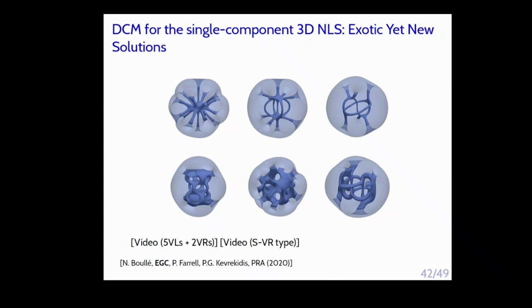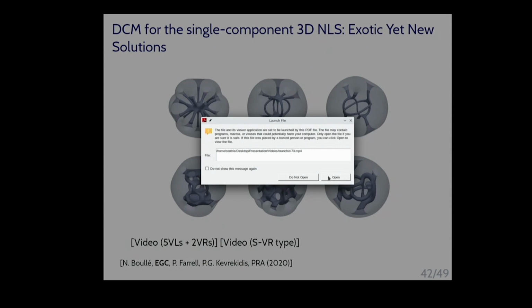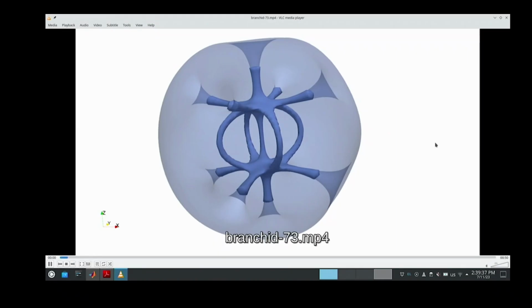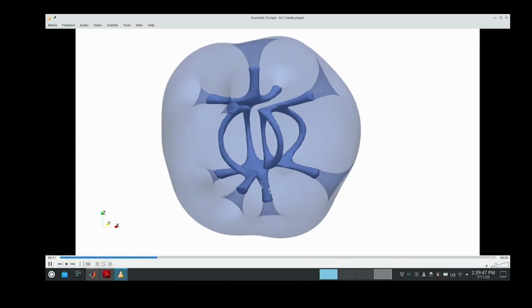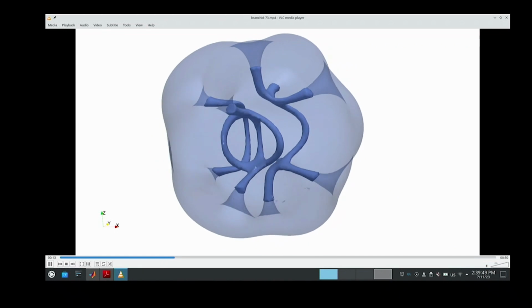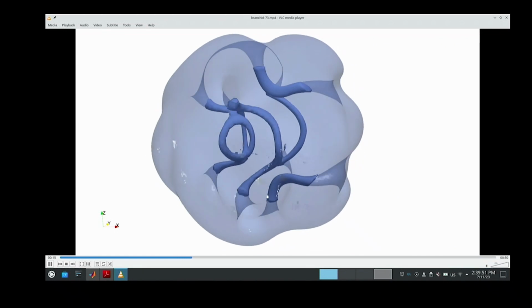And just 2 videos. Let me see. Yeah, so that's the structure which has 1, 2, 3, 4, 5 vortex lines and 2 vortex rings in between. So now those will split. They will reconnect, split, and reconnect.